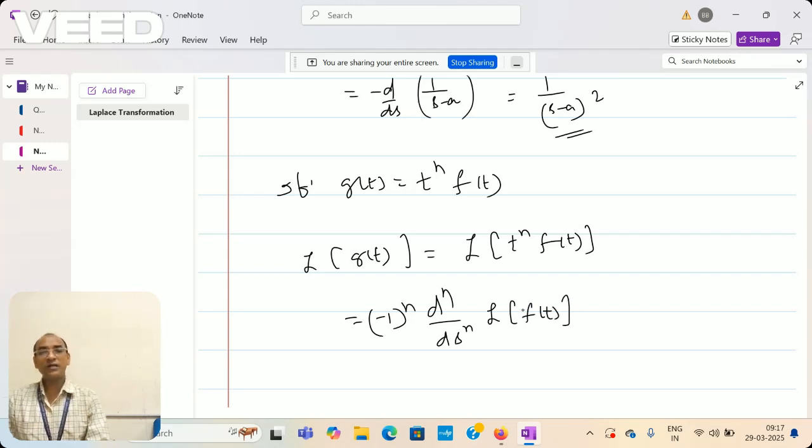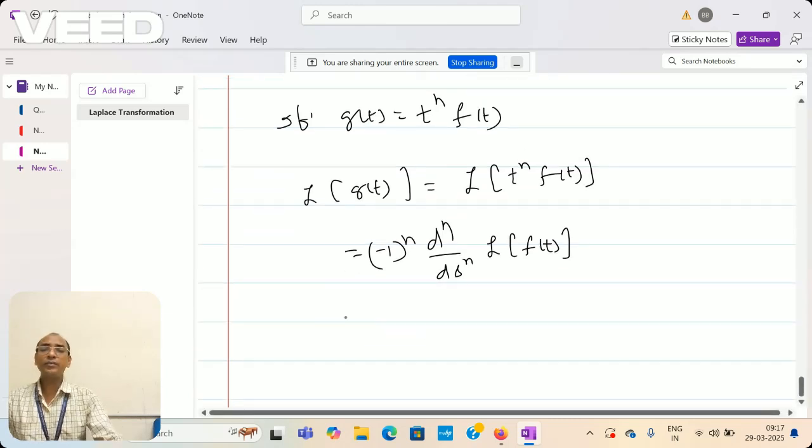I find the Laplace transformation of f of t and differentiate it with respect to s, n times.